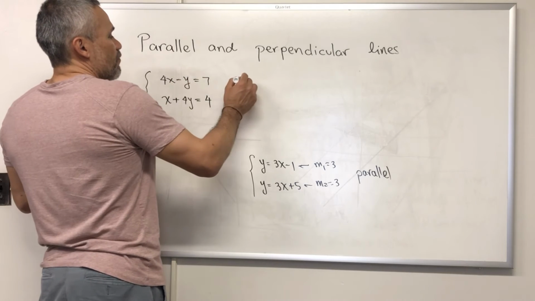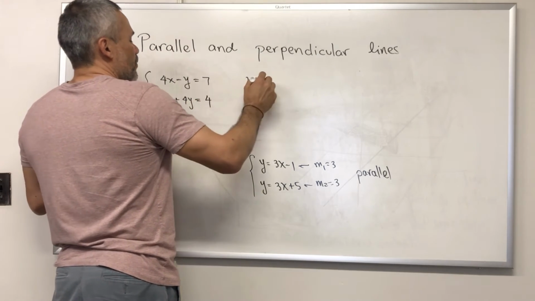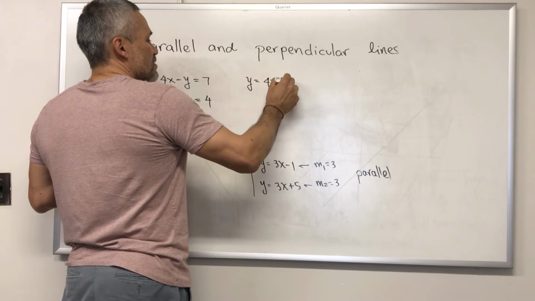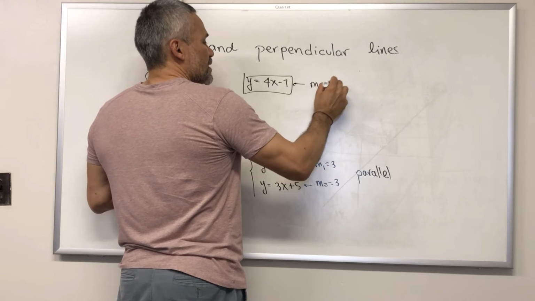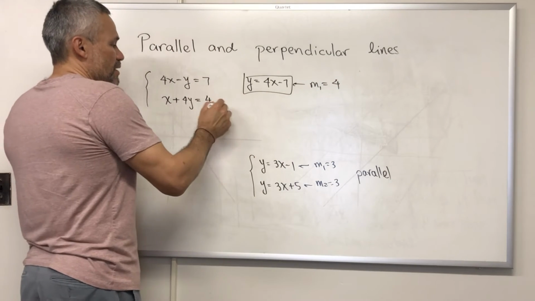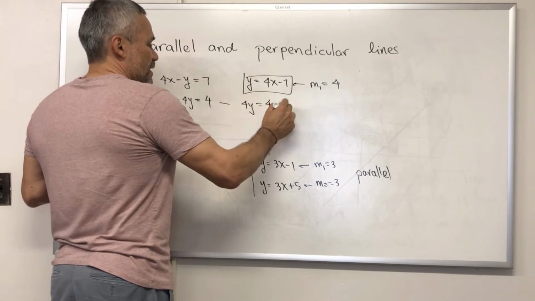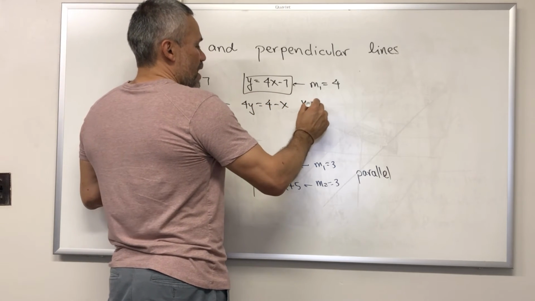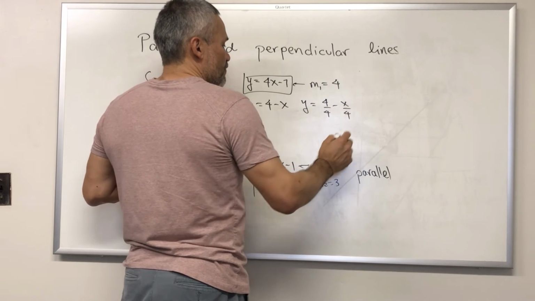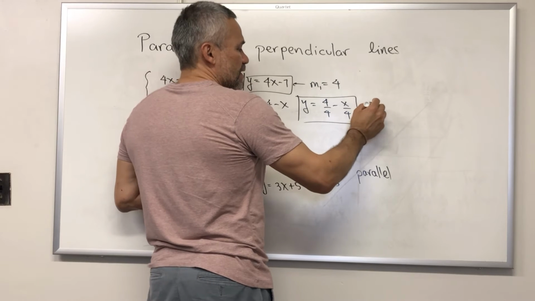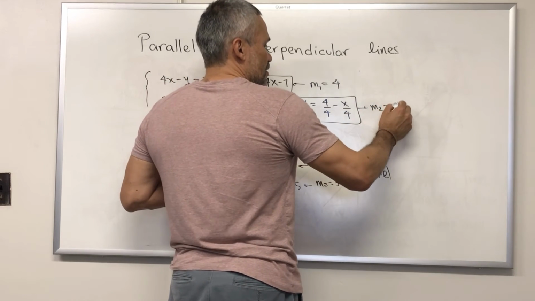In this case, we can solve for y, and when I move the y to the right, I get that y is 4x minus 7, and that means that the slope of this line is 4. And here I have that 4y equal 4 minus x, and therefore y is 4 over 4 minus x over 4. Therefore, the slope of this line is negative 1/4.